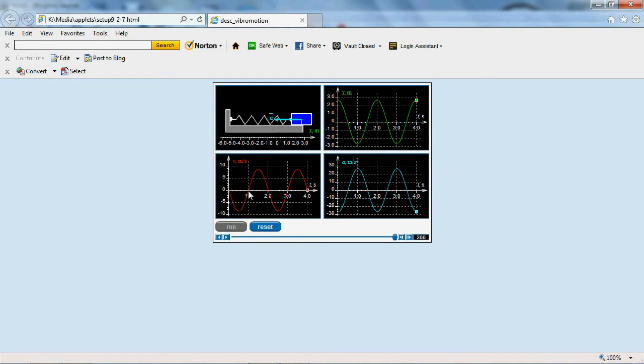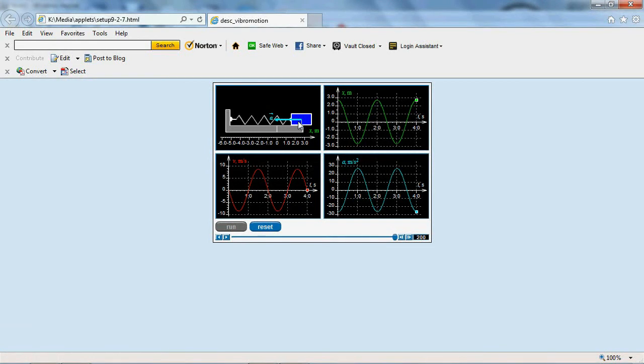And then the velocity is 0 when the mass has achieved its maximum amplitude in the opposite direction. And then the velocity is a max when the object goes through the equilibrium going in the opposite direction.